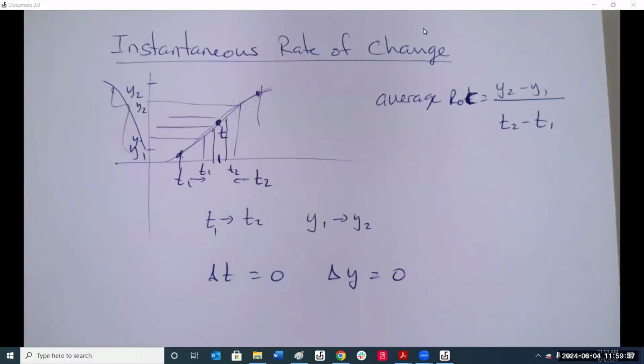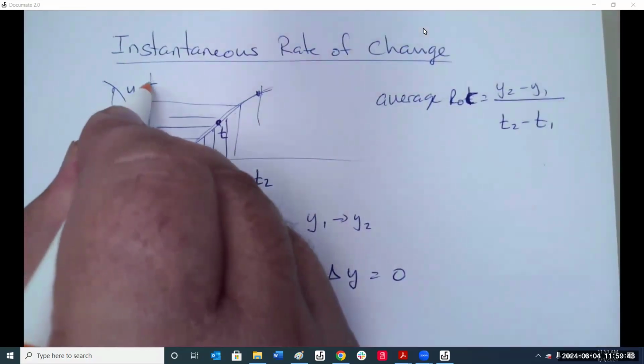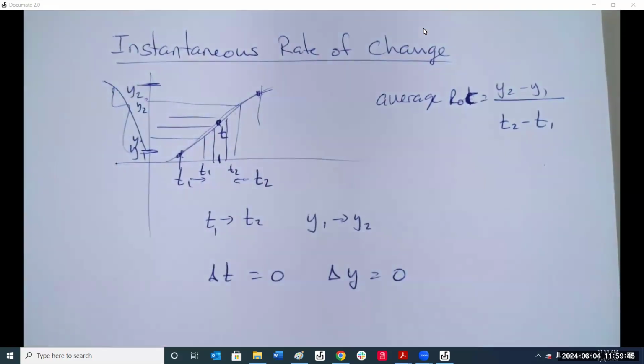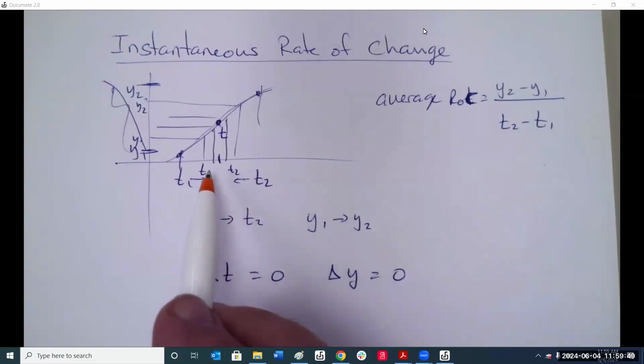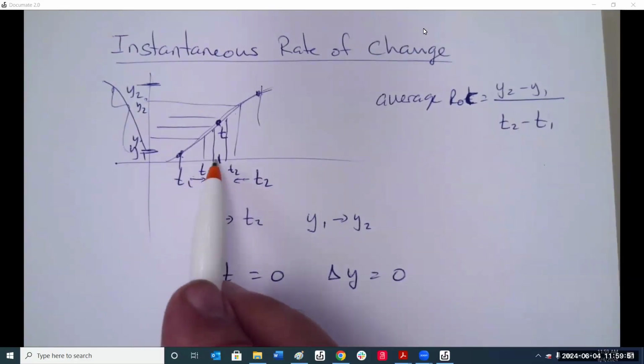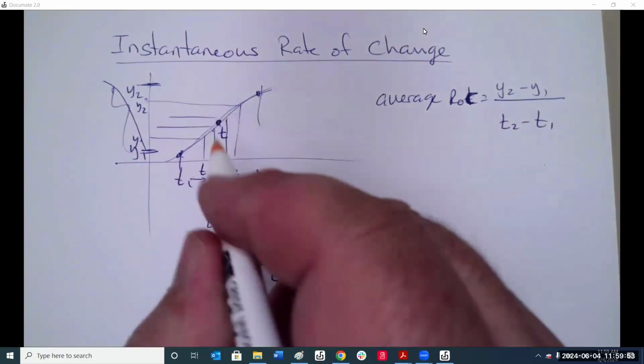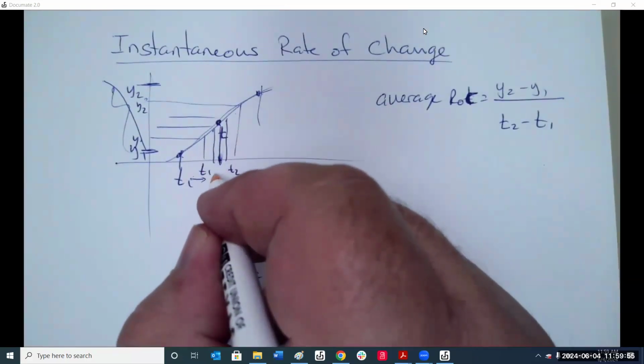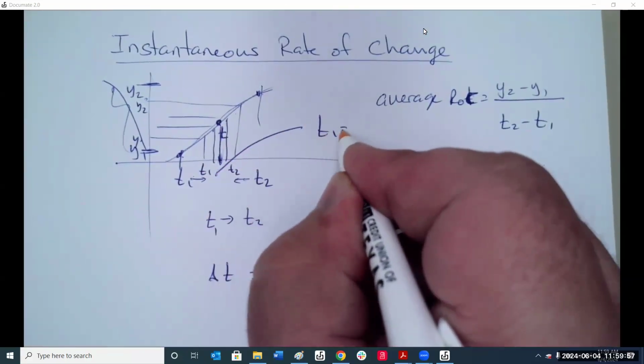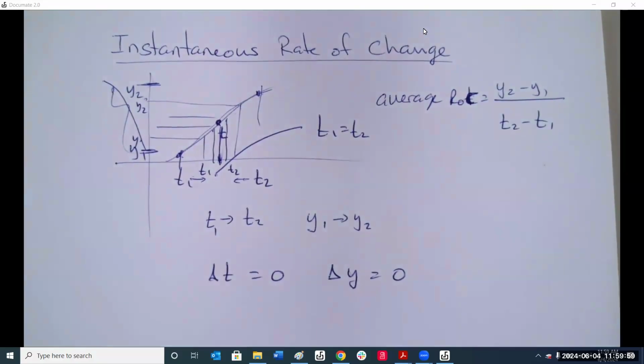As the distances between T1 and T2 get smaller, so are these between Y1 and Y2. It's going to get closer and closer to that. Eventually, as T1 becomes T2, at this point right here, at T, whenever T1 equals T2, then we have an instantaneous rate of change.